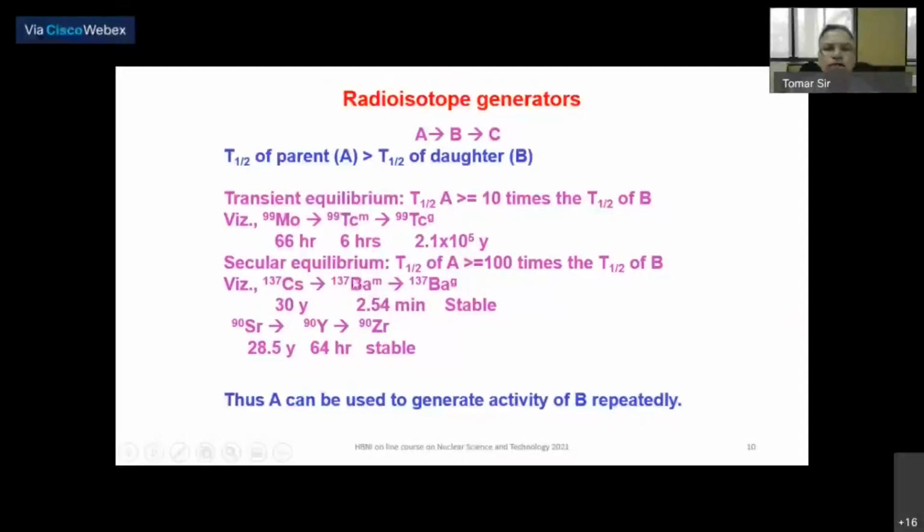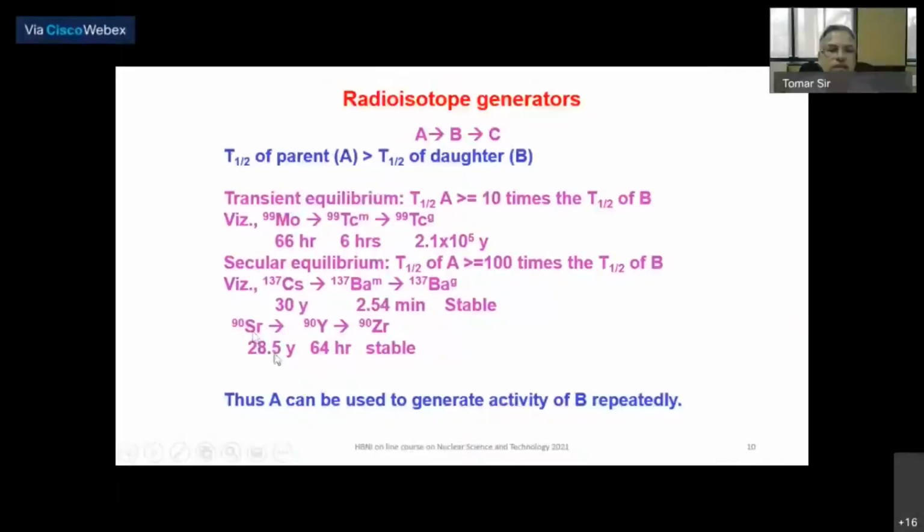So you get equal activity of barium 137m every time. After 10 minutes, you can milk it out, and after another 10 minutes, you have again the same activity of barium. Suppose you have got a millicurie of 137 cesium, every 10 minutes you can get 1 millicurie of 137m barium for years together.